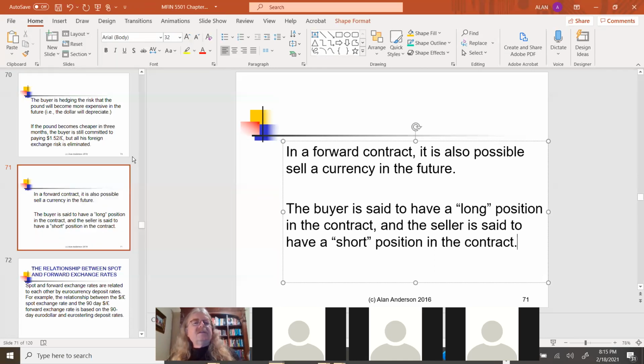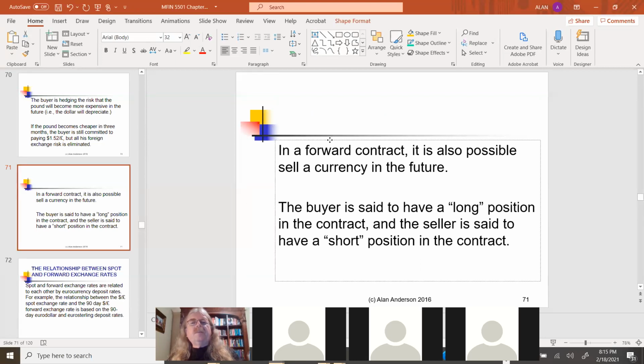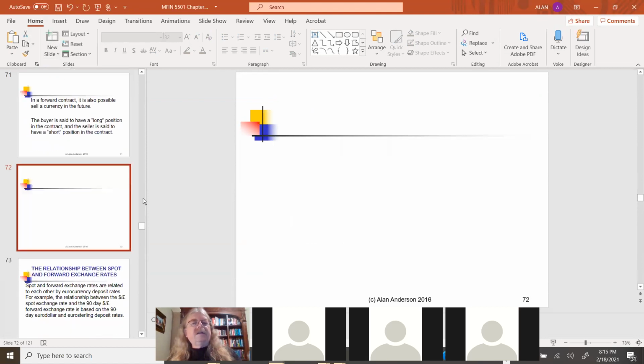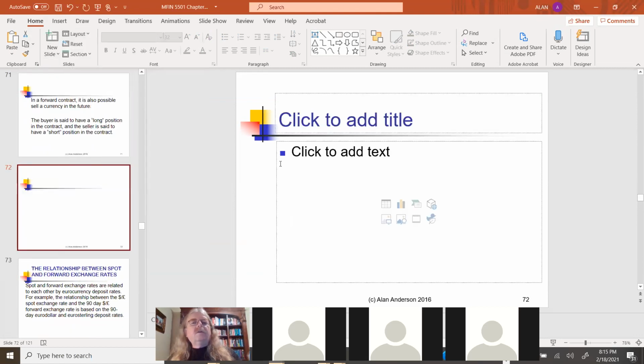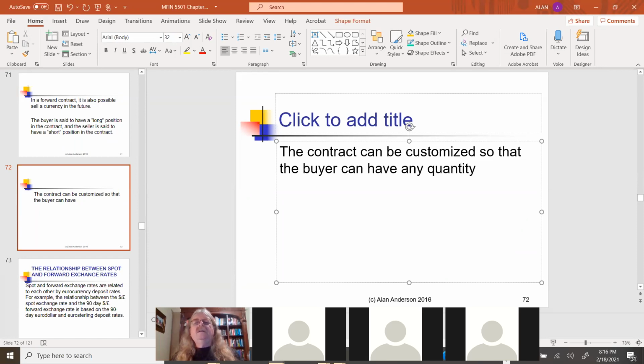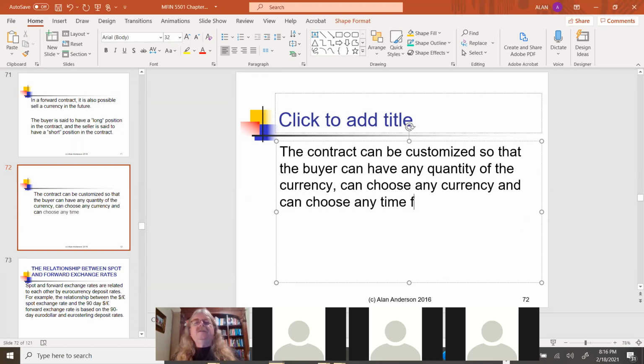Now, what's also nice about these contracts is that they're perfectly flexible. You can customize them to anything you like. So the contract can be customized so that the buyer can have any quantity of the currency, can choose any currency, and can choose any time of delivery.